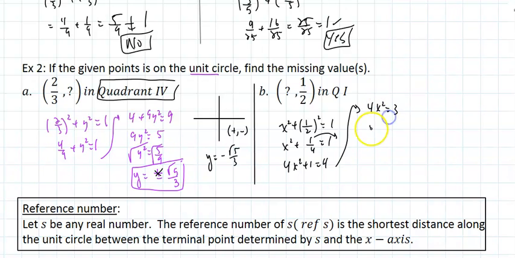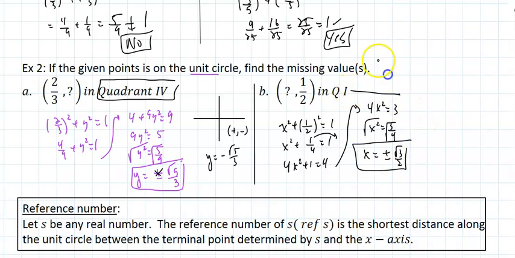I like to do things this way, especially if you have a hard time with fractions. x will equal plus or minus radical 3 over 2. Again, that depends on the quadrant. The fact that I am in quadrant 1 indicates that both of these are positive. So I take x to equal positive the square root of 3 divided by 2.